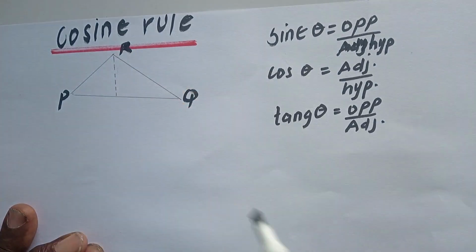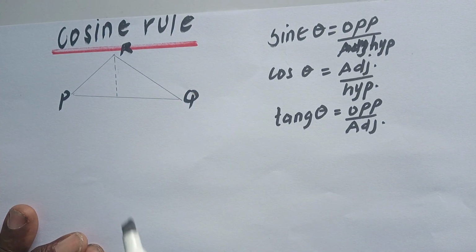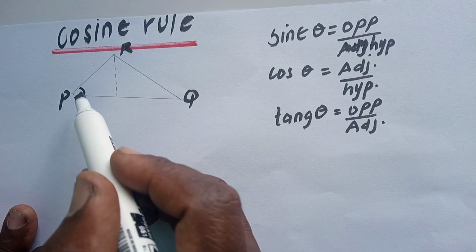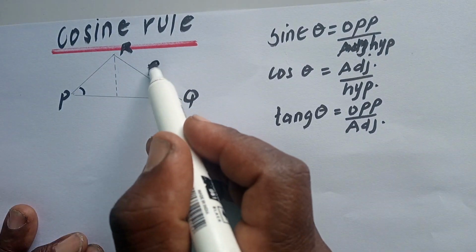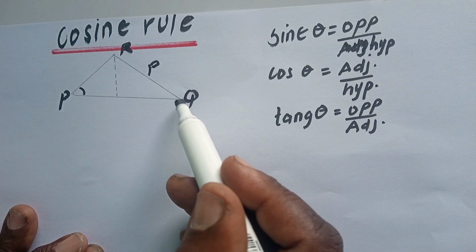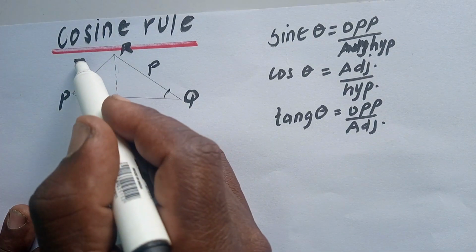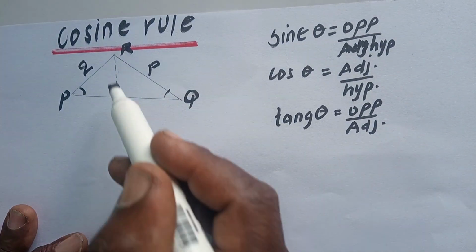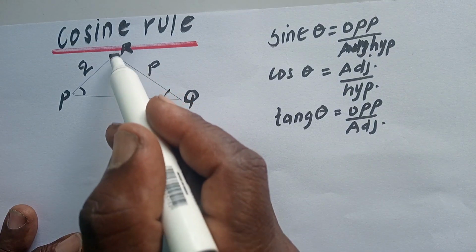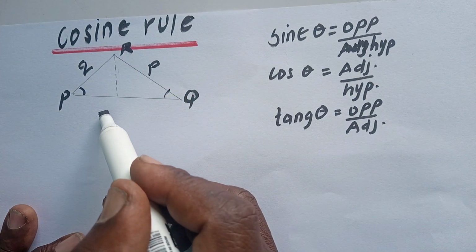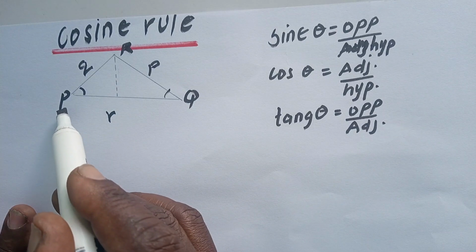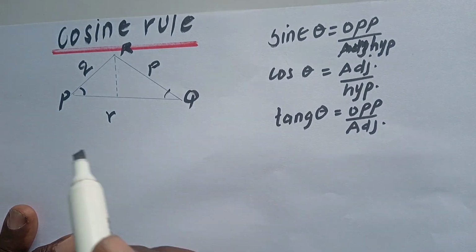So angles are represented in capital letters. Directly opposite P, we have small p. Directly opposite Q here, we have small q. Directly opposite this R here, we have small r, the distance from P to Q.